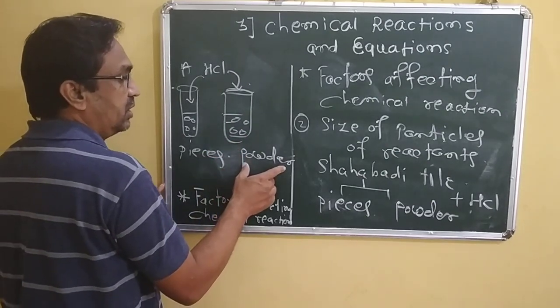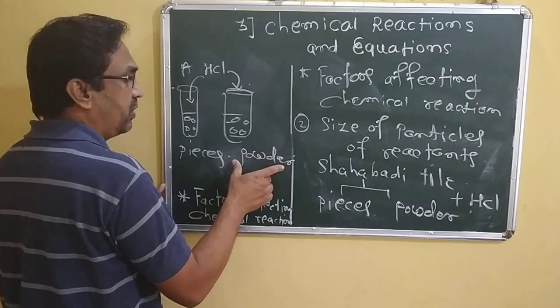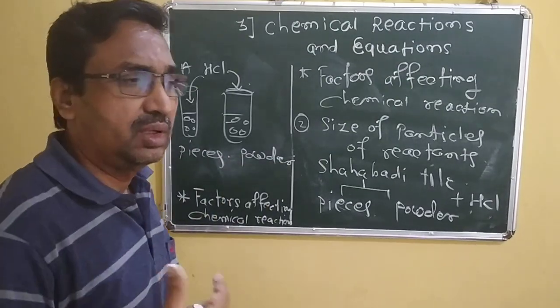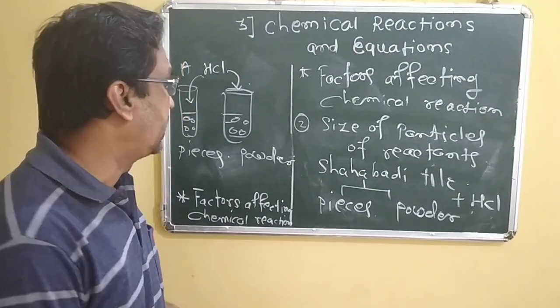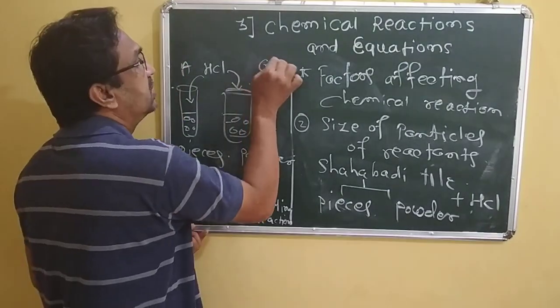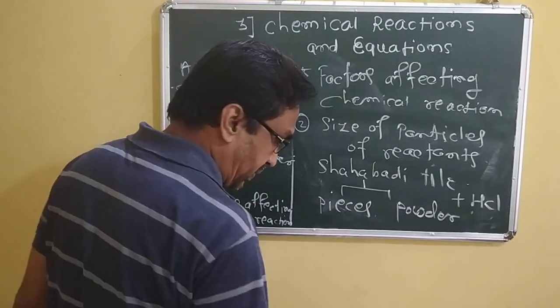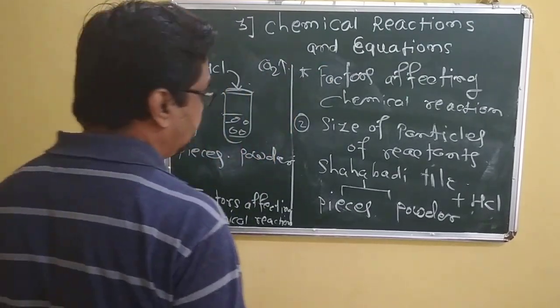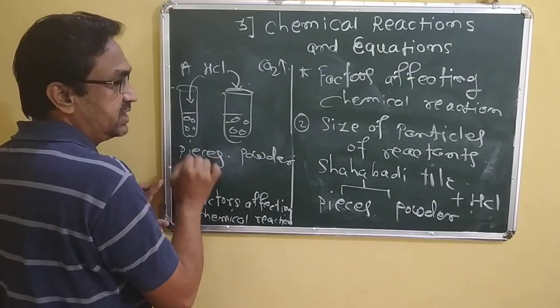In the powder state and the pieces state, in the powder state the reaction proceeds rapidly, and we can easily see CO2 released. The effervescence of CO2 is formed at a faster speed in comparison with the pieces of Shahabadi tile.